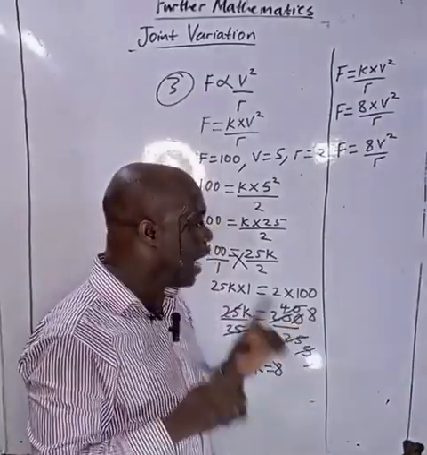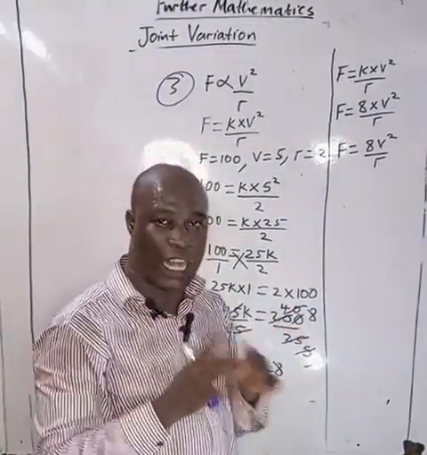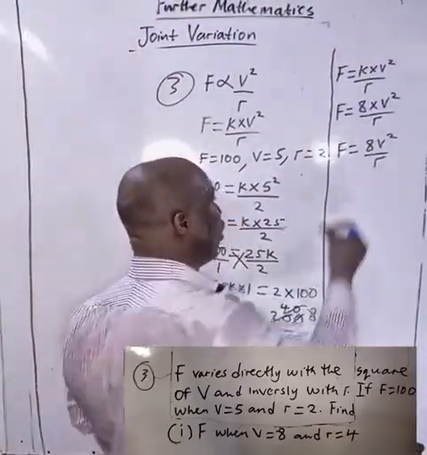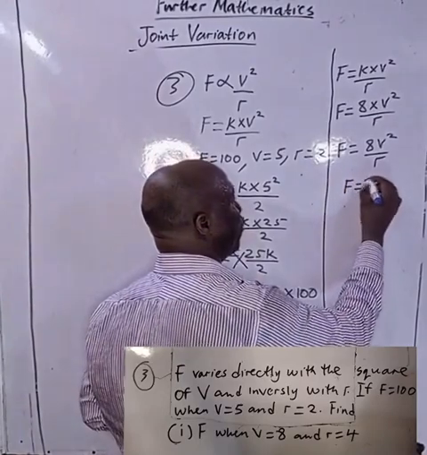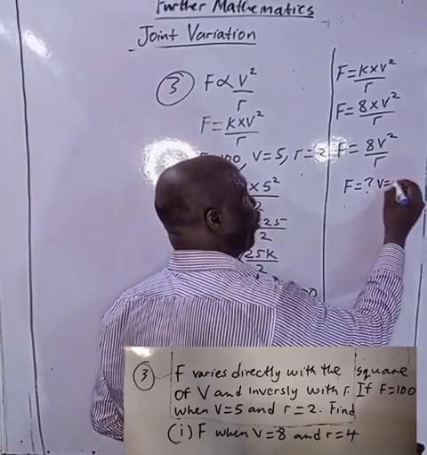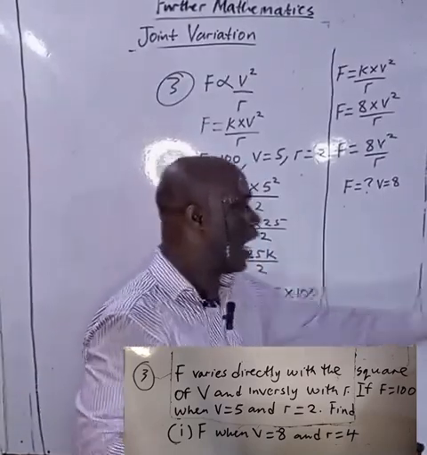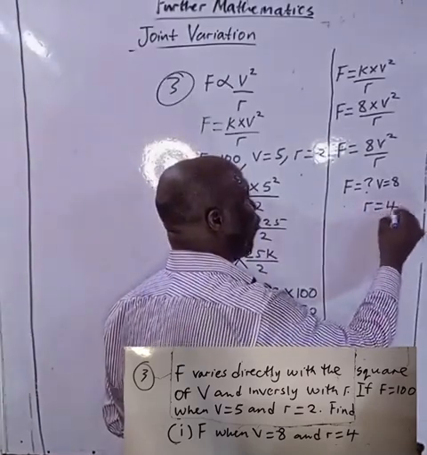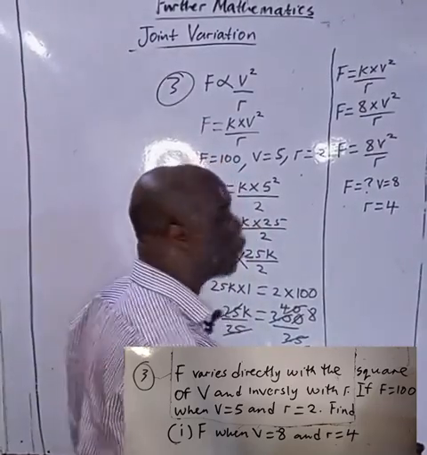Good. Now, the last question. You can see a question attached to it: find F. We are looking for the value of F when V is equal to 8 and R is equal to 4. So what do you need to do now?